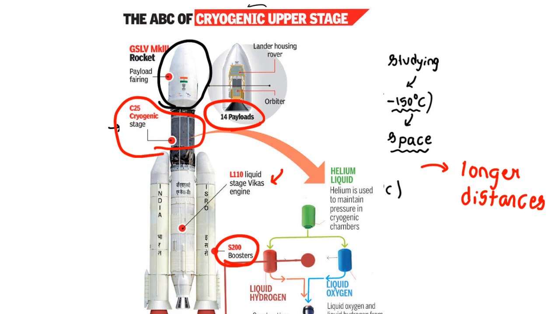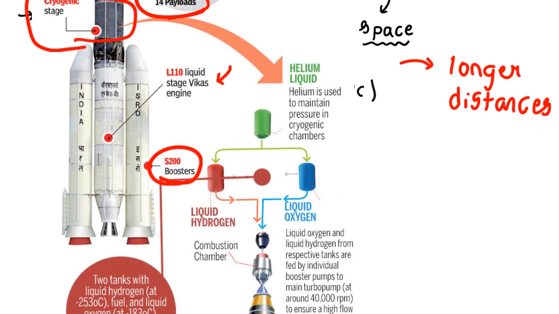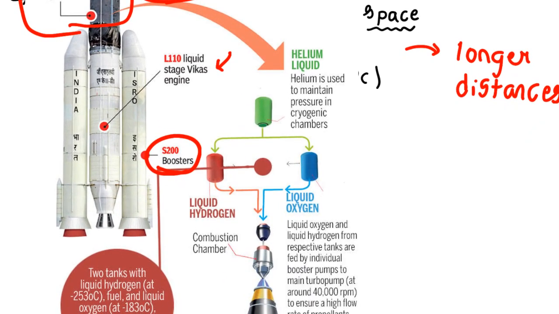So when you observe this, the cryogenic stage consists of liquid helium. Helium is used to maintain the pressure in the cryogenic chambers, and the same pressure pushes the liquid hydrogen and liquid oxygen towards the combustion chamber.